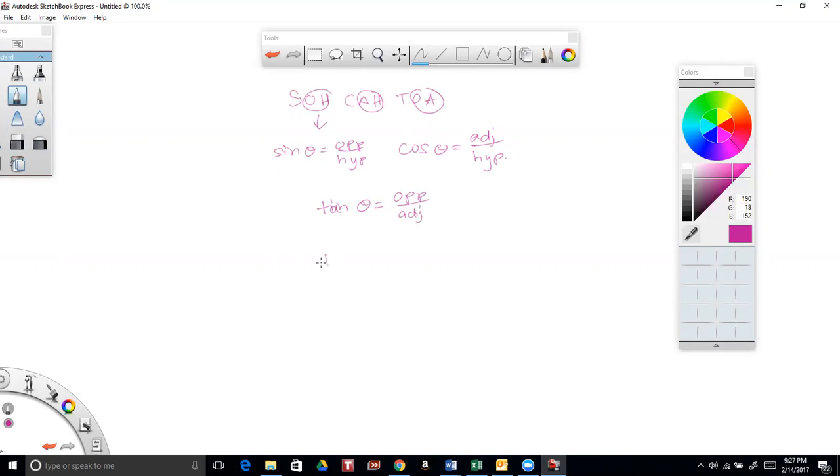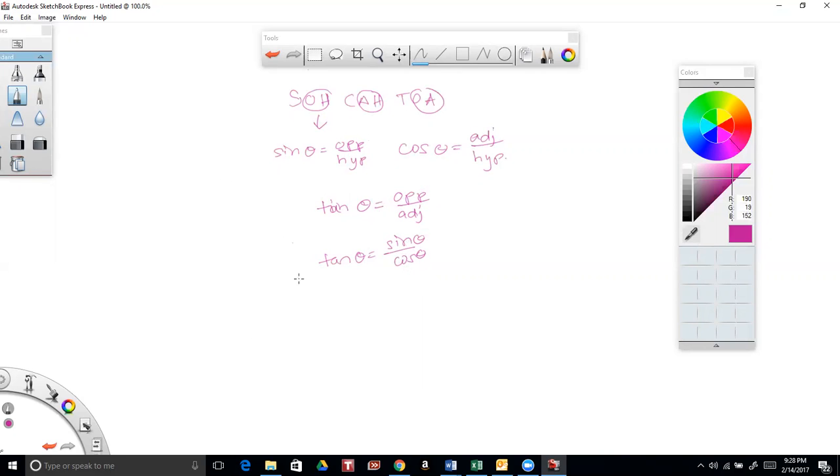Because note that tangent is sine over cosine. All right, and so we can really look at this in relationship to how tangent theta is opposite over adjacent, and then how tangent theta is sine theta over cosine theta.